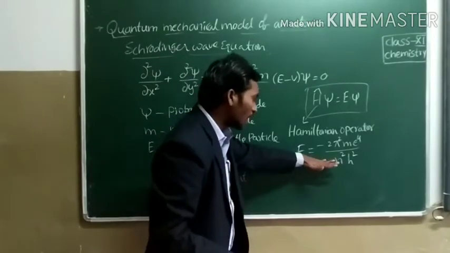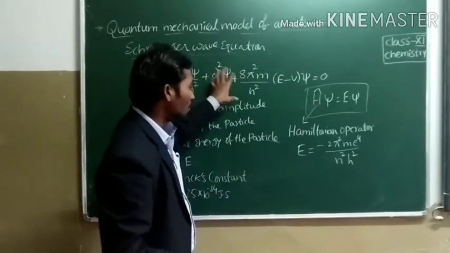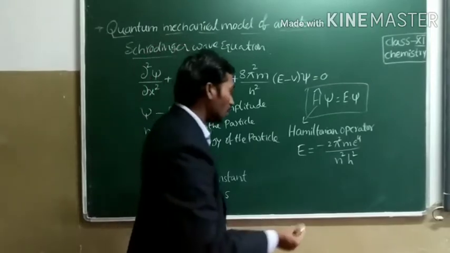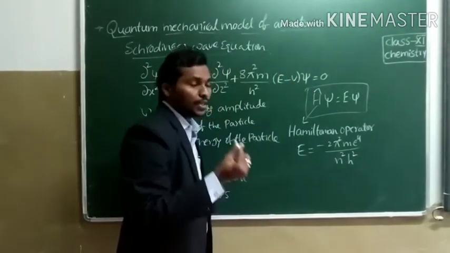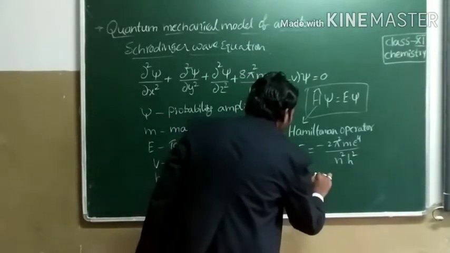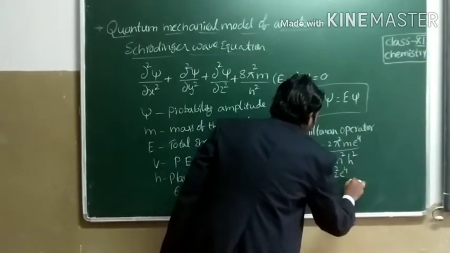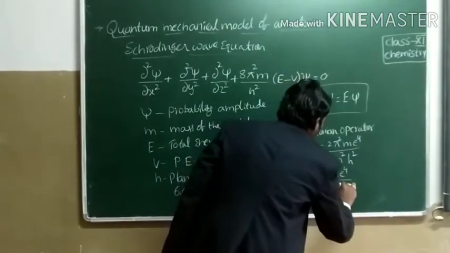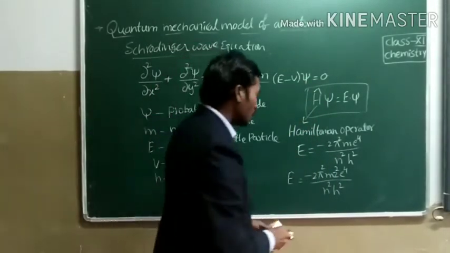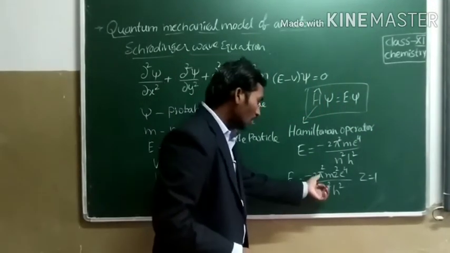Remember, children, the energy of the electron in the hydrogen atom solved by the Schrödinger wave equation is similar to that of Niels Bohr's equation, because Niels Bohr derived the energy of an electron using classical mechanics as −2π²mZ²e⁴/n²h². Here we are talking about the energy of the electron in the hydrogen atom, so Z = 1.